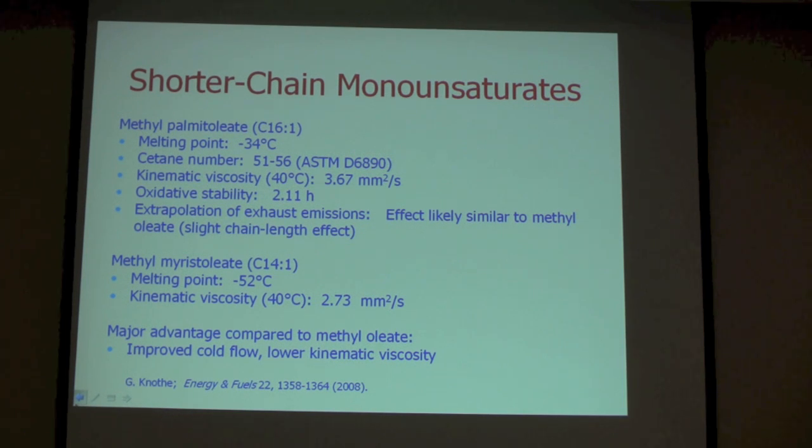Oxidative stability is a little bit lower too than that of methyl oleate, not necessarily because it's more oxidatively unstable, but that's a little bit of a quirk of the method. I'm not going to get into the details of that. Exhaust emission is probably similar to methyl oleate. Methyl oleate might even be better, but the cetane number is probably going to be lower. It's fairly expensive to get, so no further data on that. So, next slide, please.